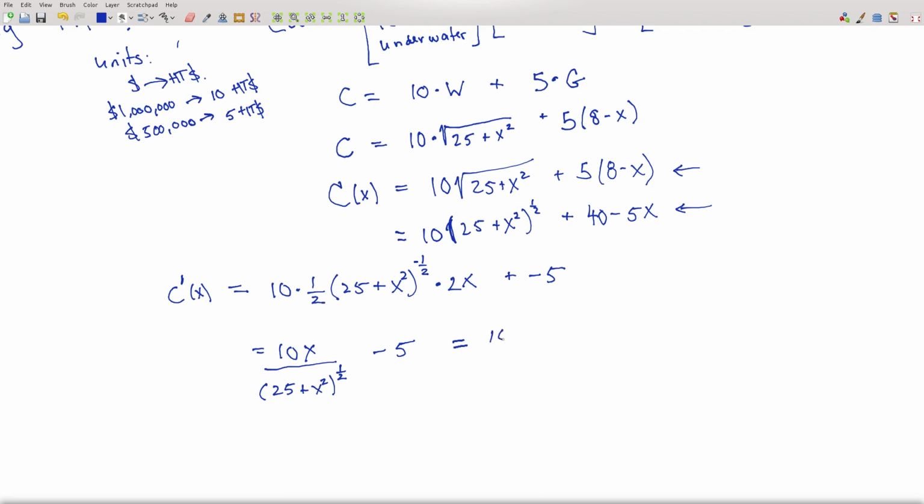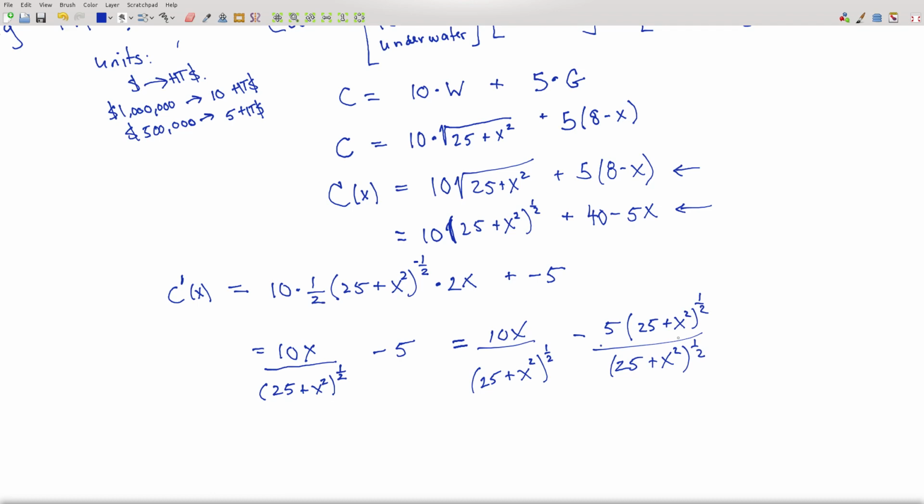So this is the same as 10x over the quantity 25 plus x squared to the 1/2 power minus, here's my 5, but I'm going to create a common denominator now. So I'm going to multiply this 5 by the quantity 25 plus x squared to the 1/2 power over the quantity 25 plus x squared to the 1/2 power.